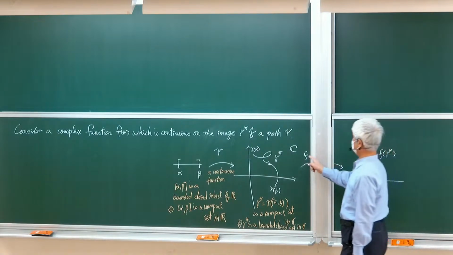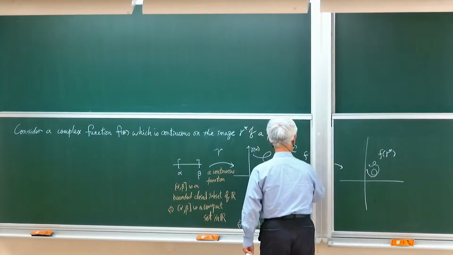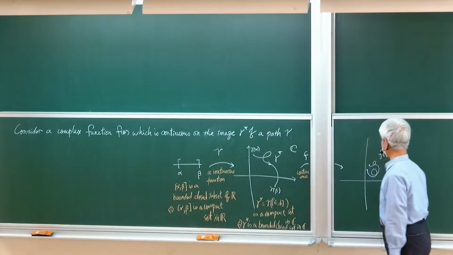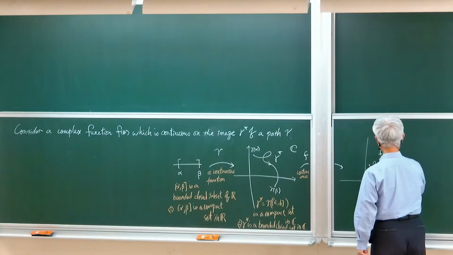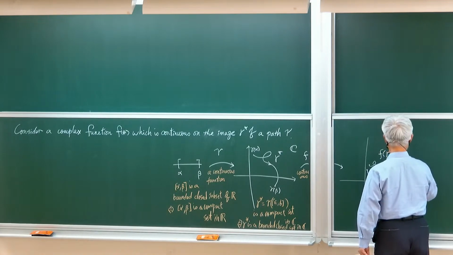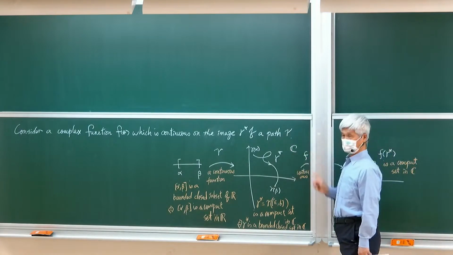And because f is a continuous function, this is again a compact set in C, because gamma star is a compact set.